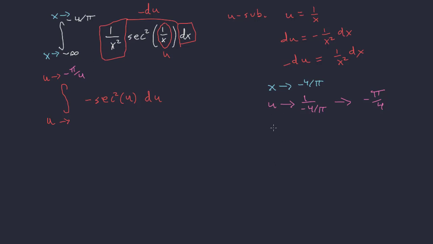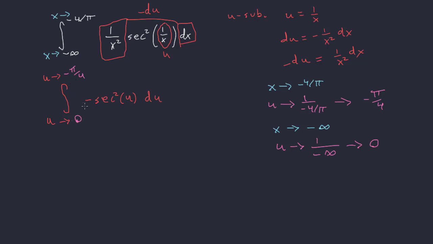And then if x is going to negative infinity, here's where we have to be careful. u is 1 over x, so u should be going to 1 over negative infinity. So constant over infinity, that's going to be 0. So u will be going to 0.